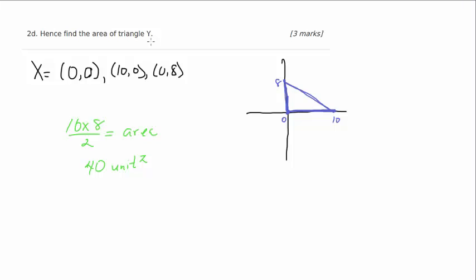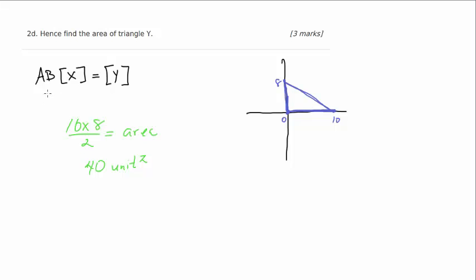It says, hence find the area of triangle Y. And so I'm going to get rid of a couple things here. The area of triangle Y is the map of this 40 units. So what we're saying really is that AB times X equaled triangle Y, and then we're asking about the area of these.